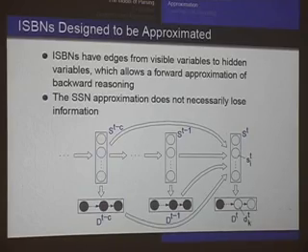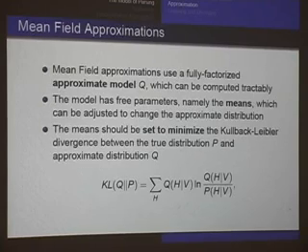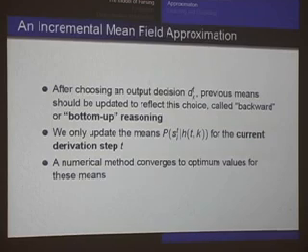Right, so I was back here. Okay, so that's the feed-forward approximation. The problem with that approximation is that it doesn't do any backward reasoning or bottom-up reasoning. When we observe the next decision in the parse, we should go back and update the means based on that observation, and we don't do that.